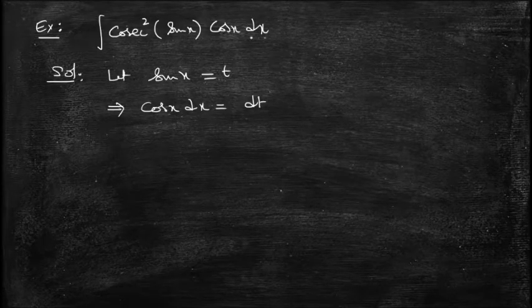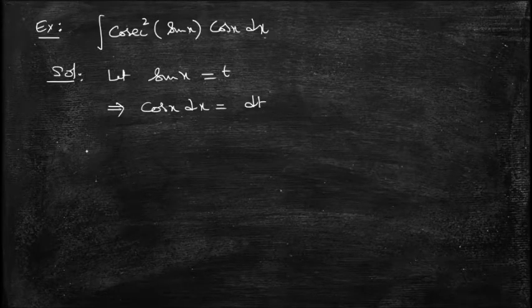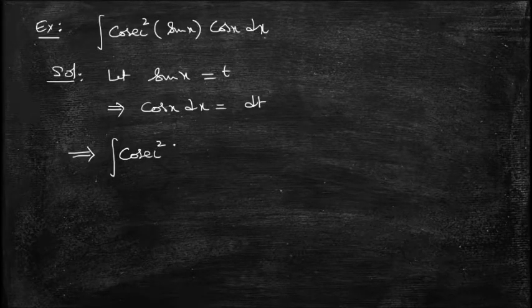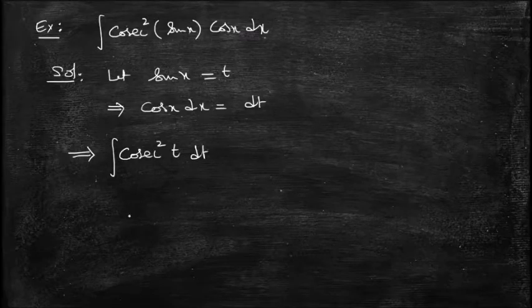So cos x dx is there already in the structure, so I can write directly cos x dx can be replaced as dt. Now what happens to the problem? Cosecant square t, cos x dx is dt, direct one.